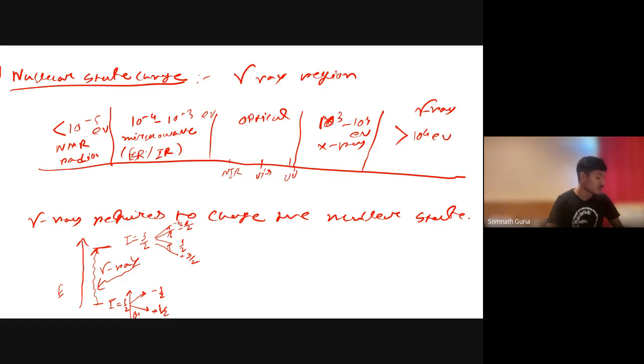Okay, so nuclear state change may affect the electronics. Now how we need to change the nuclear state? My question will always be there: how do we need the nuclear spin state to change?